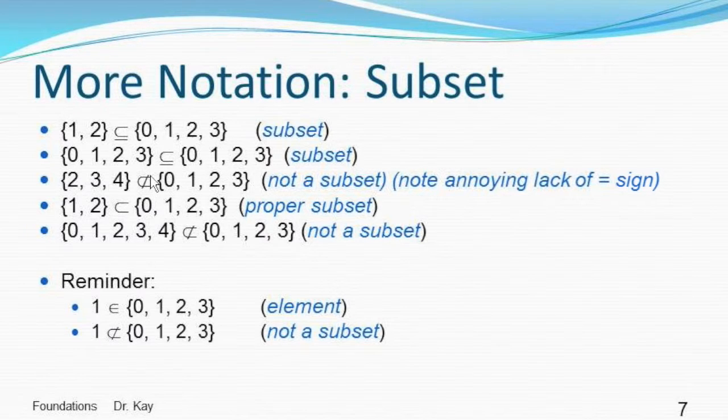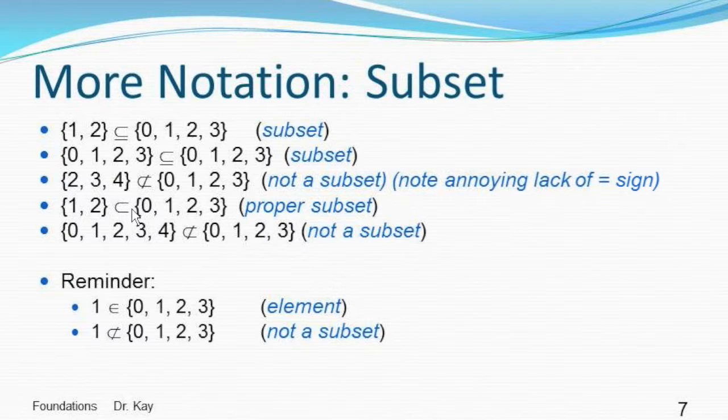Your book uses the not subset symbol that looks like this. So {2, 3, 4} is not a subset of {0, 1, 2, 3}. I'm a little bit annoyed by the fact that there is no equals sign under here, because we also talk about a proper subset. A proper subset is a subset where the first thing is a subset of the second and they are also not equal, right?